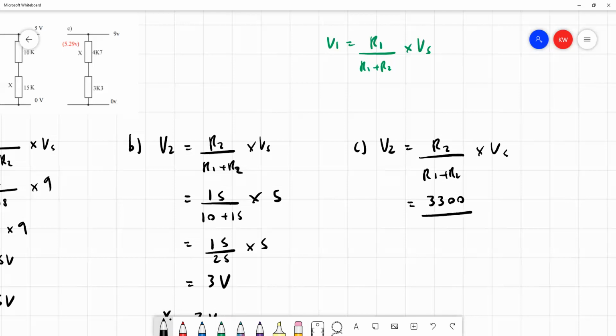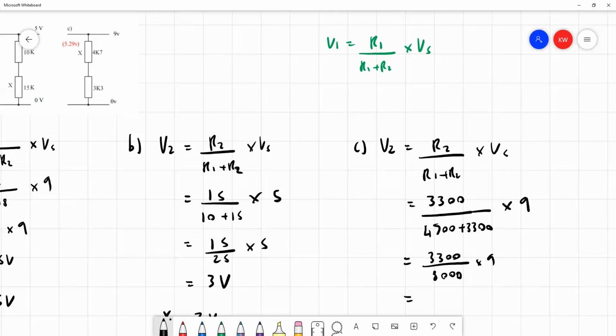They both give the same fraction here, and 4K7 means 4,700, and of course we know that R2 is 3,300 multiplied by the supply voltage here, which is 9 volts. So we have 3,300 divided by 8,000 times 9.